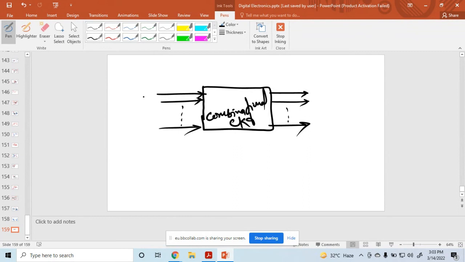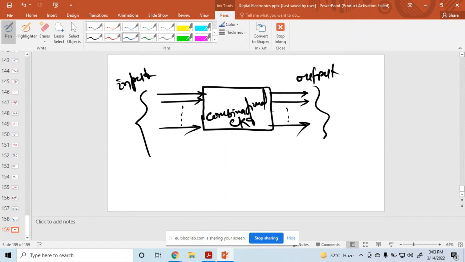Now the sequential circuit. This is the input part, with not a limited number of inputs. So here I'm drawing n number of inputs, and this is the output. When we go to a sequential circuit, you have a combinational circuit and again you apply a feedback.